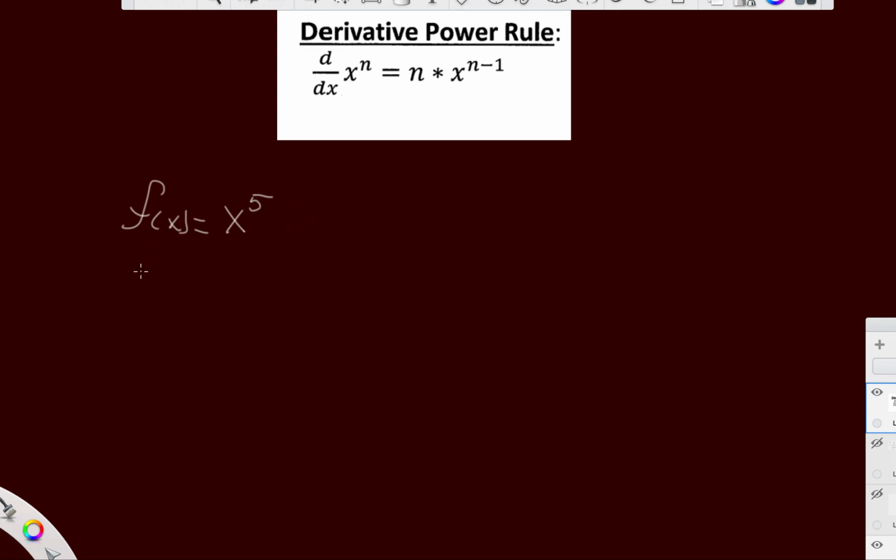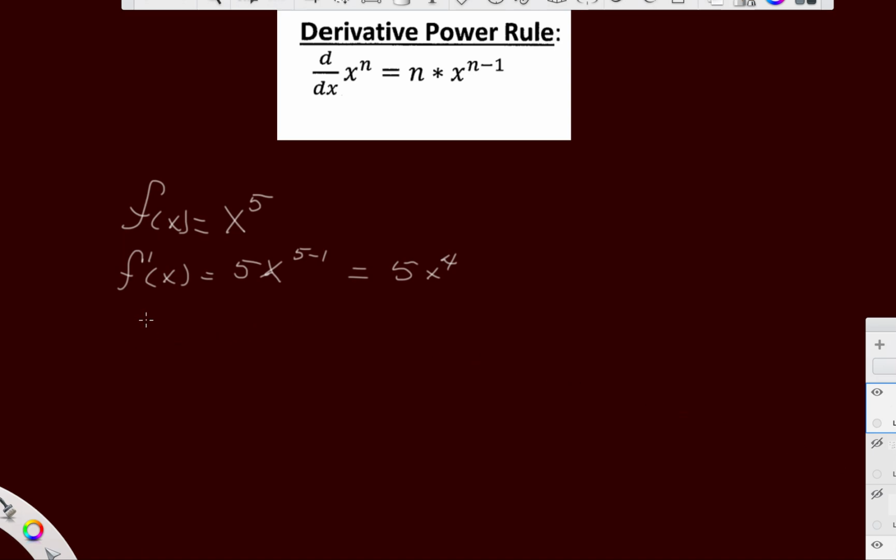That's how you take the derivative. We write it in a couple of different ways, but for my purposes here, we're going to say f prime of x is equal to, what's that power? That power is 5 times x to the 5 minus 1 power, which is just 5x to the 4th. Now, I didn't have to go through all of that mishmash. I think you guys could have figured that out pretty easily on your own.